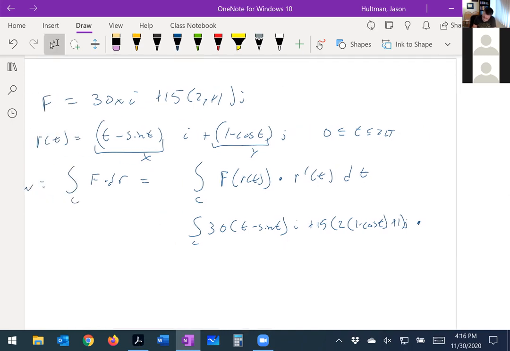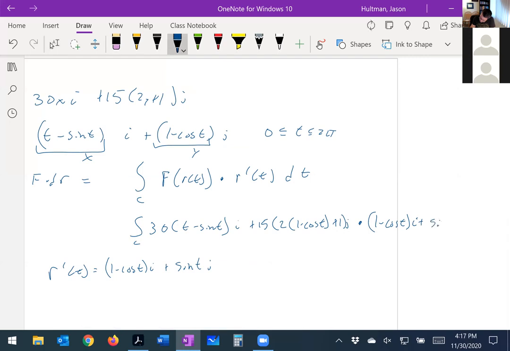I have to find that. What is r prime of t? R prime of t is going to be equal to (1 minus cosine t) i plus, the derivative of cosine gives this just plus sine t, sine t j. Okay, looks good. So that's going to go over here. That's 1 minus cosine t i plus sine t j.